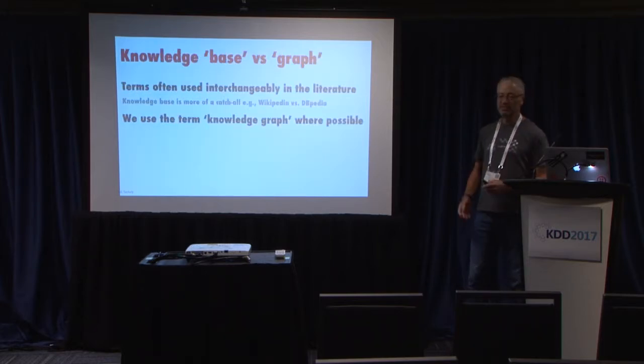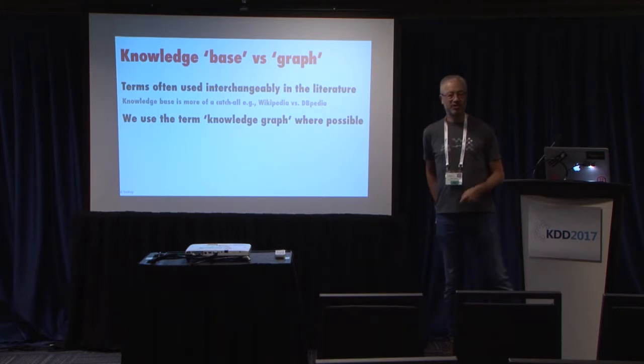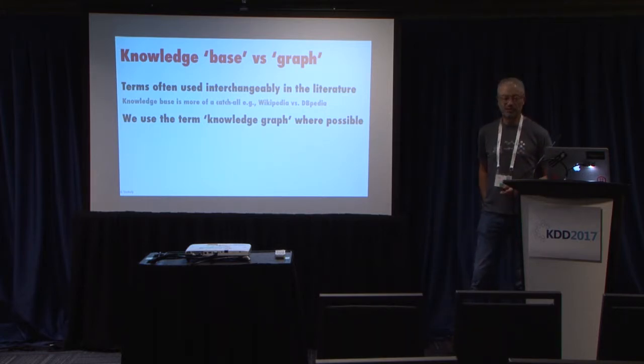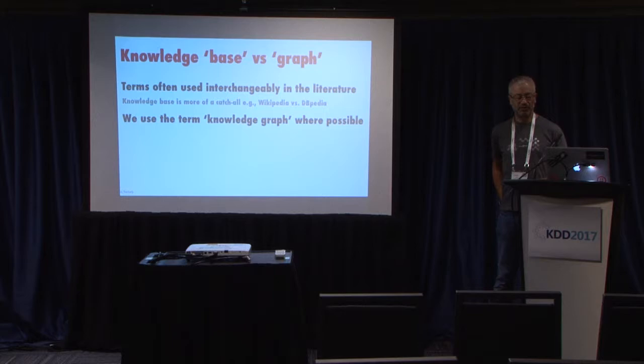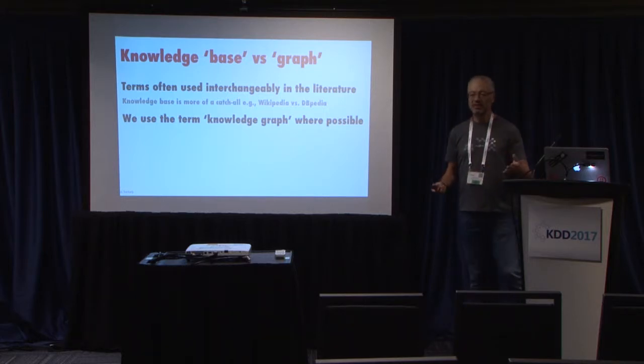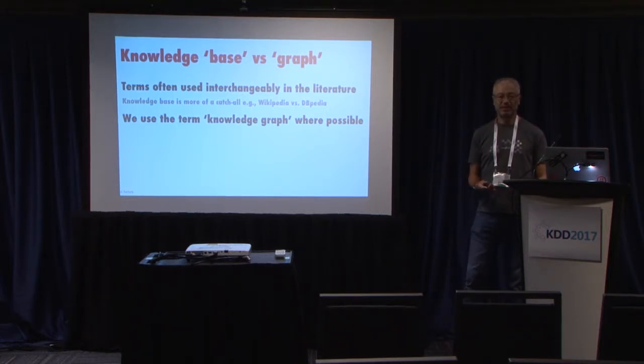So what's the difference between knowledge base and knowledge graph? People use the terms basically interchangeably. Many times the knowledge base is used more broadly. So Wikipedia is a knowledge base, even though we would not call it a knowledge graph.